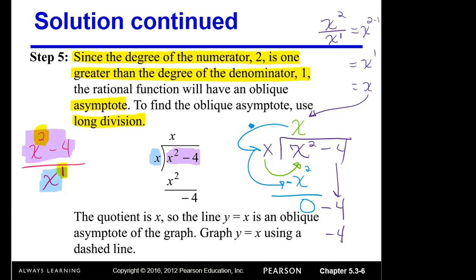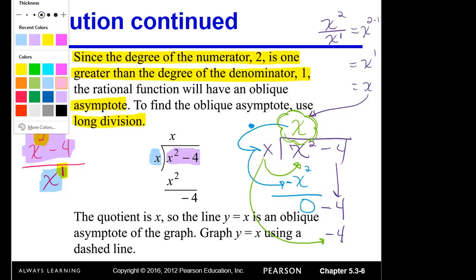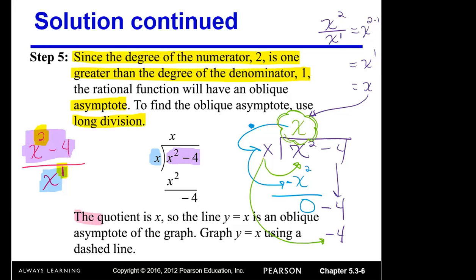And at this point, x doesn't divide into negative 4 at all. This right here is my linear function. The quotient is x, so the line y equals x is the oblique asymptote of the graph.